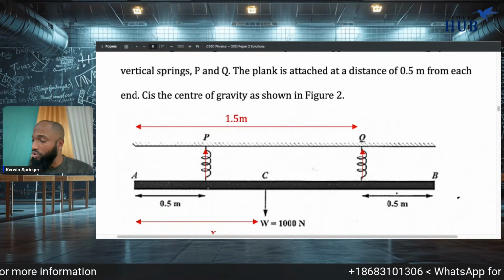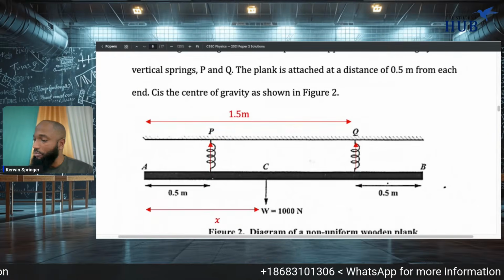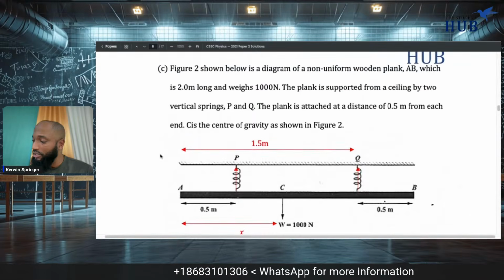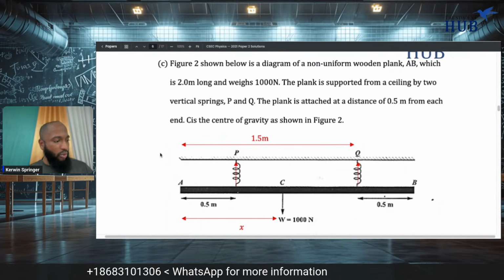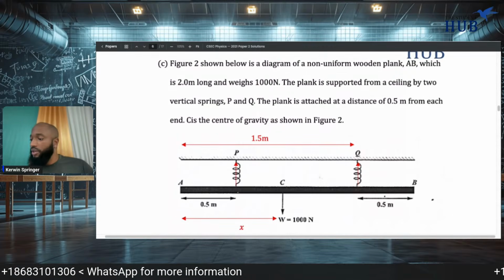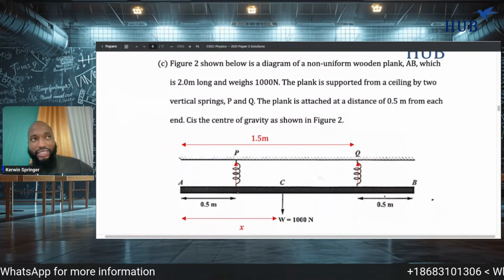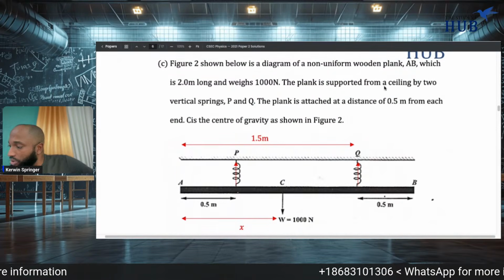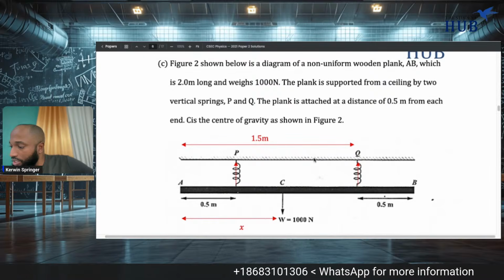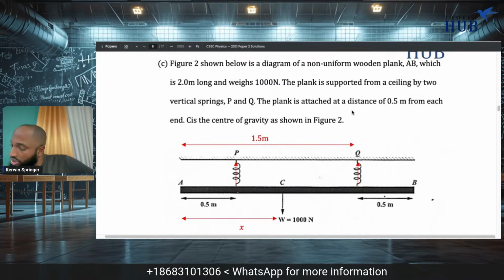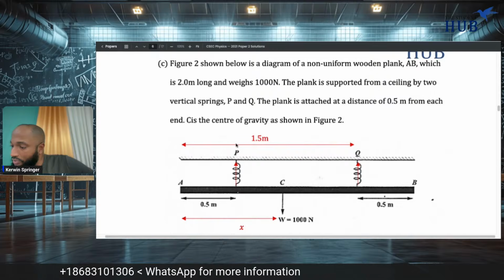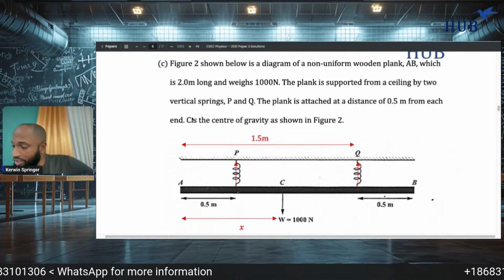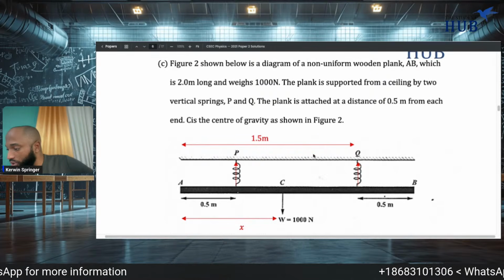They show you C and we're trying to work out C. There are some helper lines here. This is like a worst case scenario moments question. I guess we need to find the value of X. The plank is supported from a ceiling by 2 vertical springs P and Q. The plank is attached at a distance 0.5 from each of the ends. C is the center of gravity as shown in figure 2.